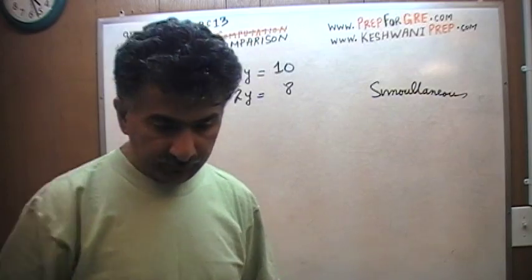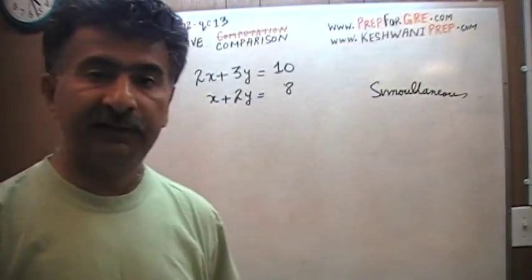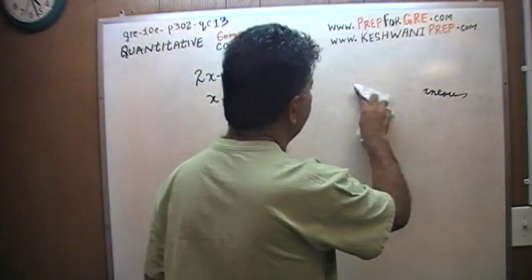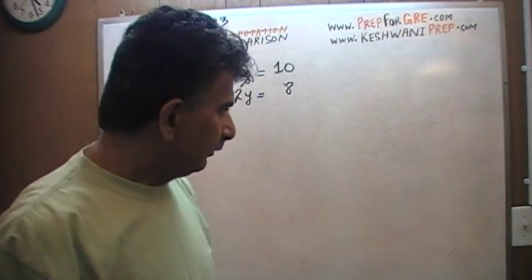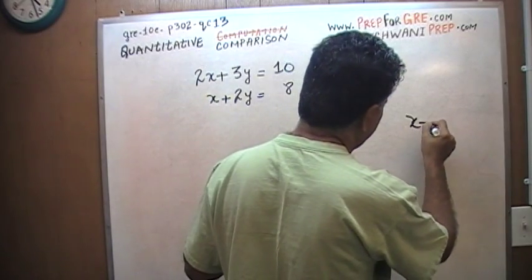I should not have started this because I don't know how to spell it. They are called simultaneous equations because, let me give you a simple example.